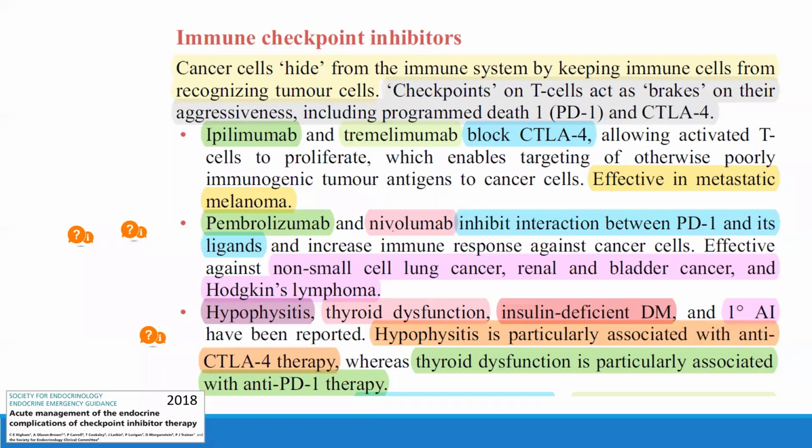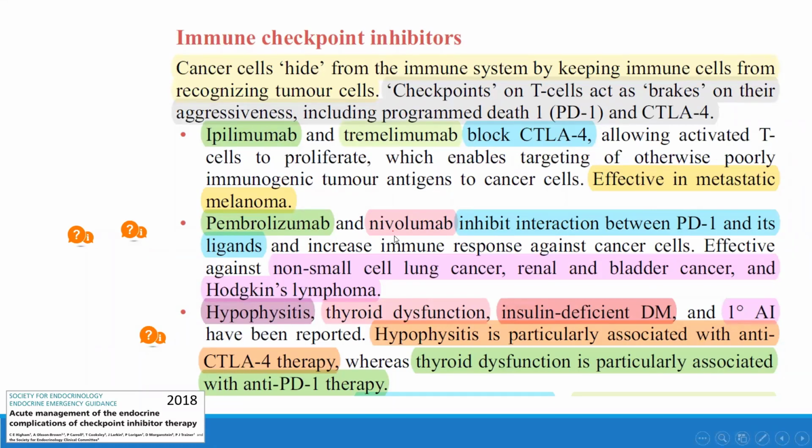Cancer cells hide from the immune system by keeping immune cells from recognizing tumor cells. The checkpoints on T cells act as brakes on their aggressiveness, including programmed death 1, PD-1, and CTLA4. The drugs that block CTLA4, like ipilimumab, are used for metastatic melanoma.